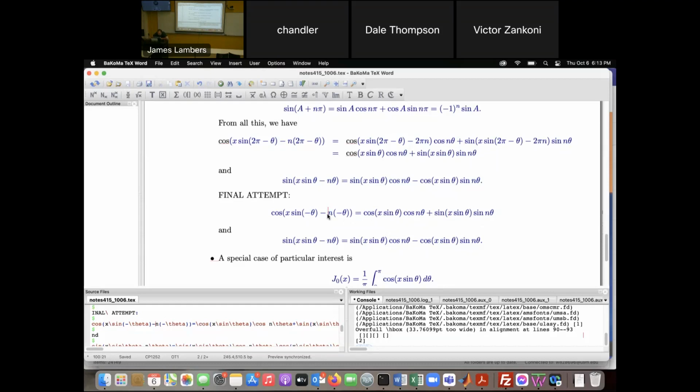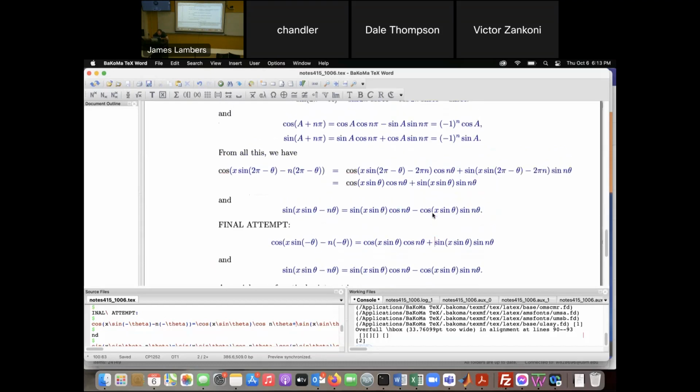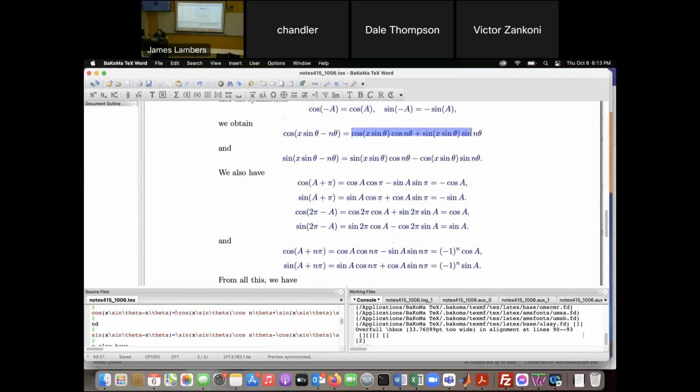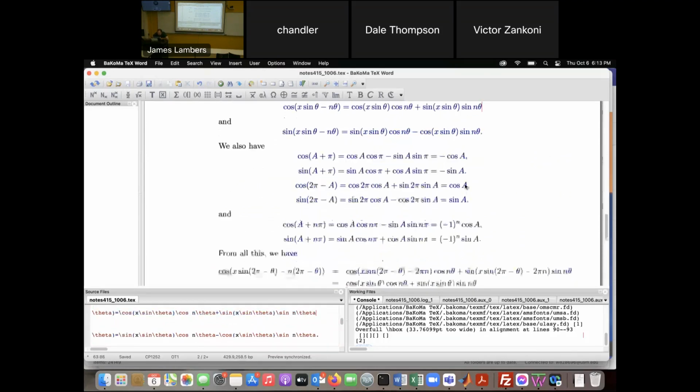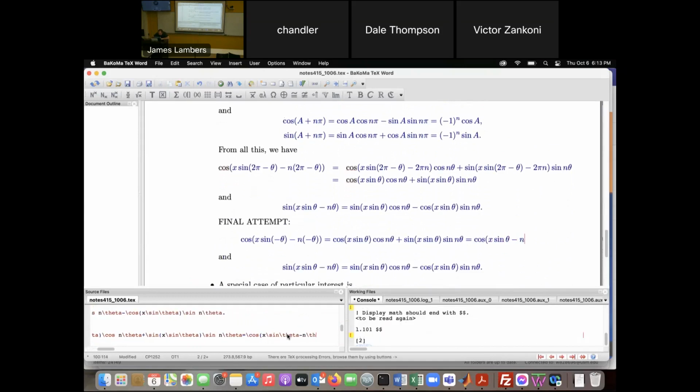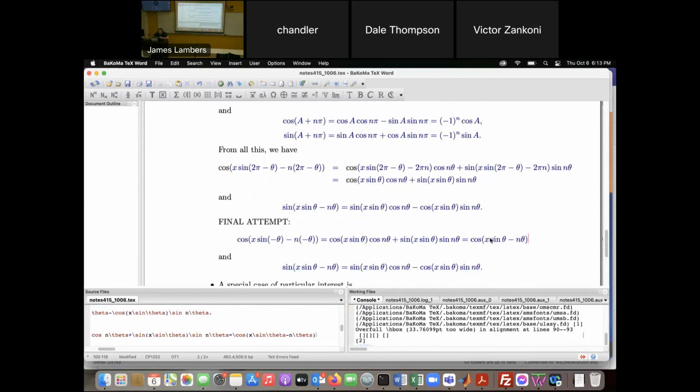So it turns out what you get is the same as you had before. So it is not affected by the symmetry, by replacing theta with minus theta.